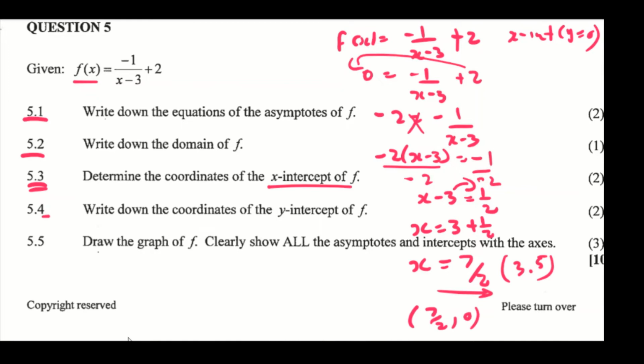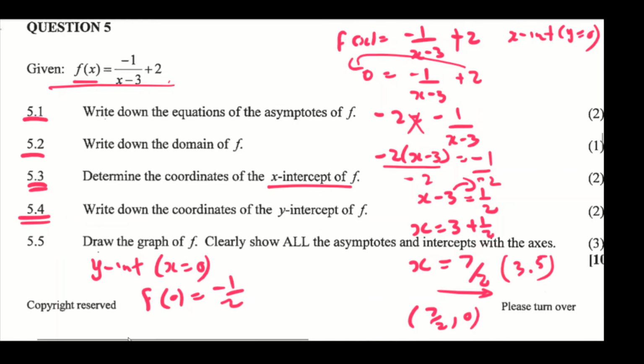So 5.4, we are asked to write down the y-intercept of f. So the y-intercept is when x = 0. So in this equation here, we have f(0) = -1/(0-3) + 2, which is the same as having -1/-3 + 2. So the negatives go away.